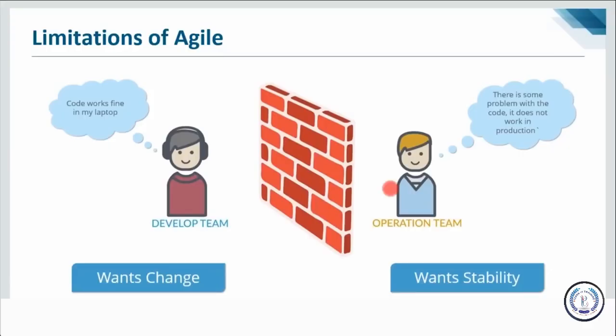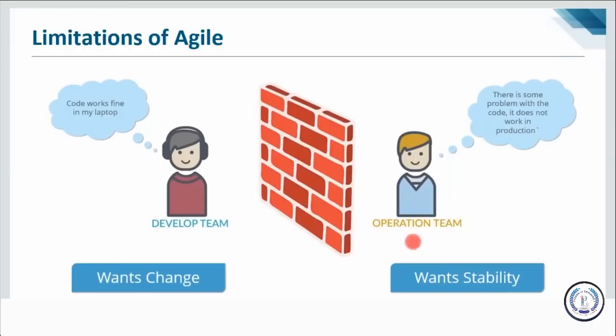And there's a very common conflict that happens, and a lot of you can actually relate to it, that the code works fine in the developer's laptop, but when it reaches production, there is some bug in the application, or it does not work in the production at all. So this is because of some inconsistency in the computing environment that has caused that, and due to which the operations team and the dev team used to fight a lot. There were a lot of conflicts, guys, at that time happening.